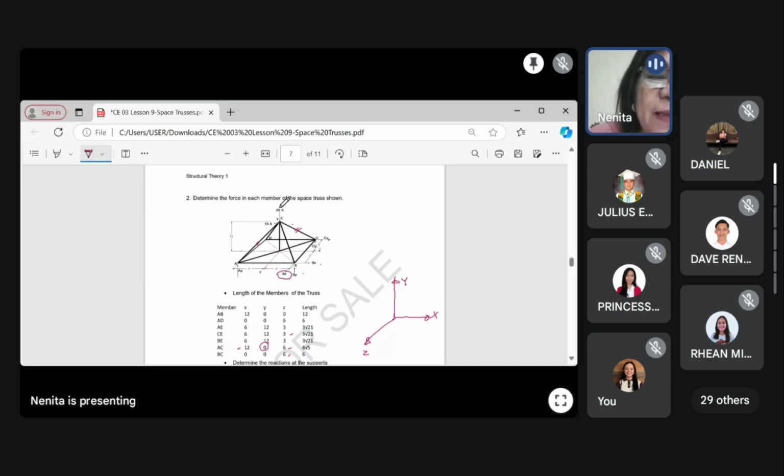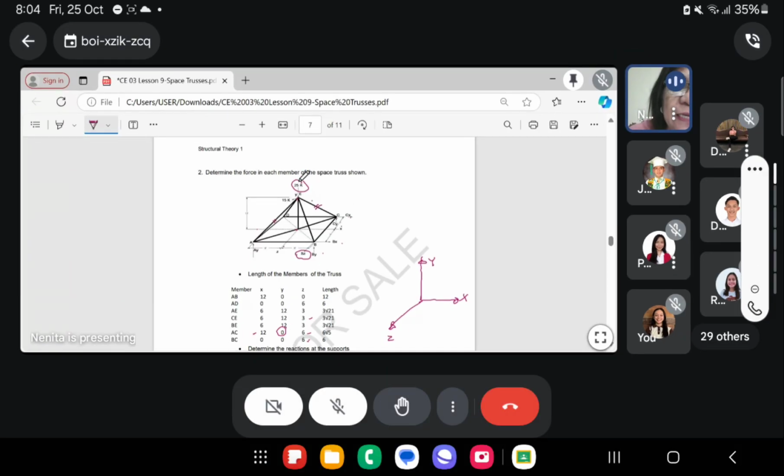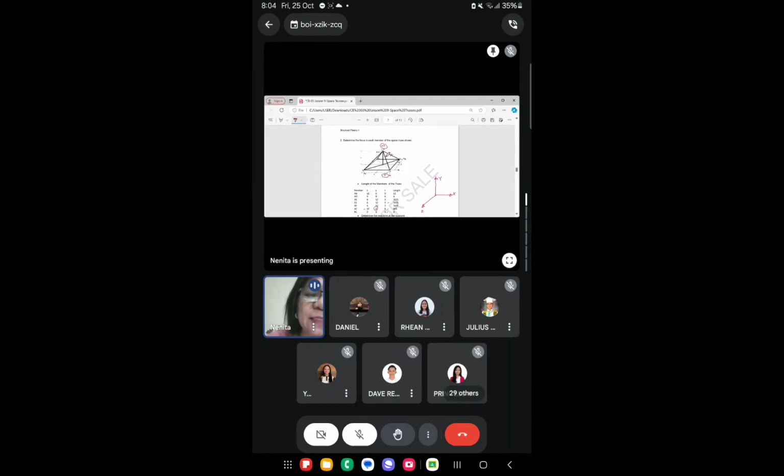There is a moment along Y. We have 25 kN. Take note, our 25 is acting along the y-axis, downward only. So, summation of moment along the y-axis.